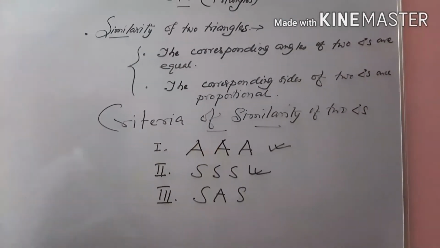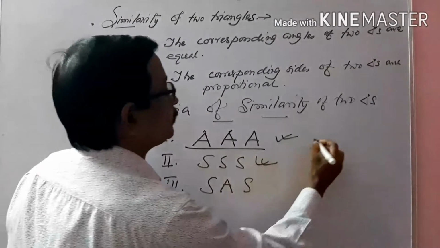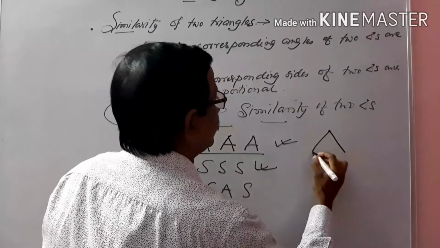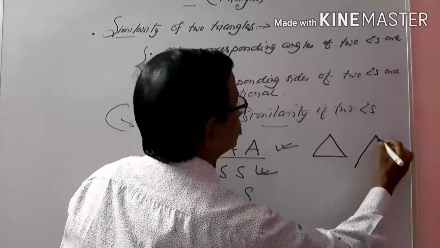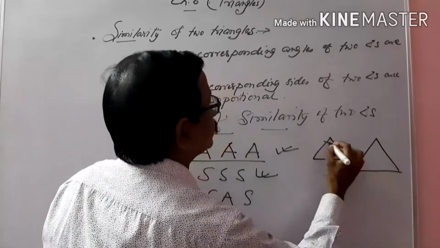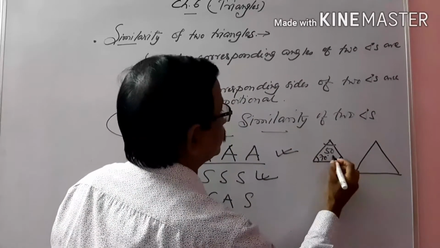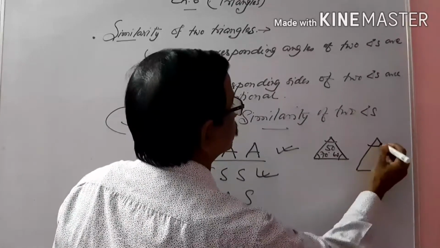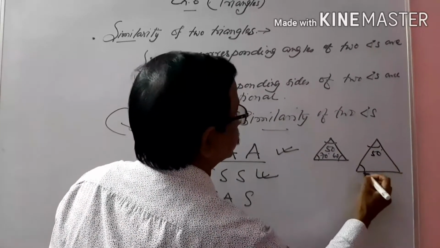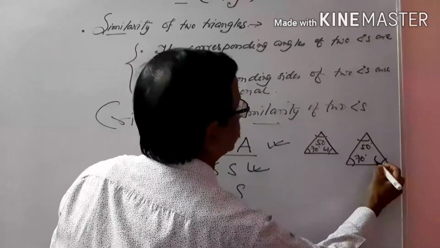Just in case of two triangles, I am giving the concept here. So there are two triangles. This one has angles 50 degrees, 70 and 60. Then the other also has 50, 70 and 60.